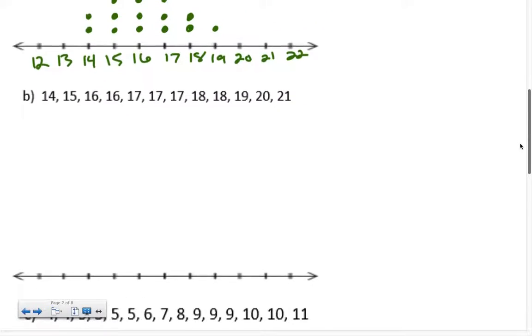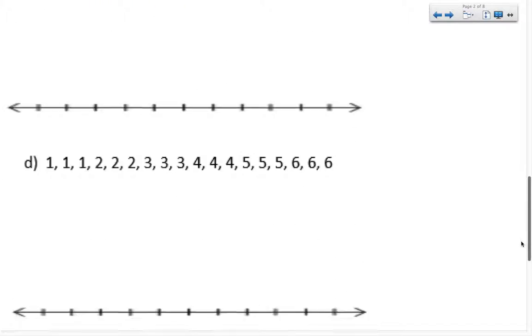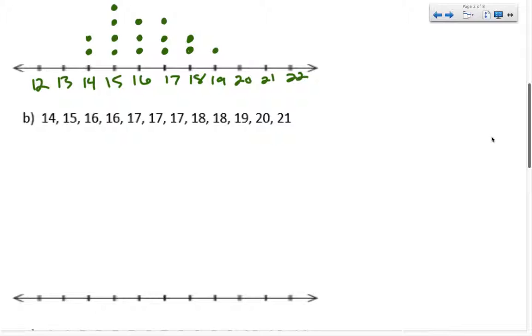I'm going to work through B with you, and after I finish B, I am going to skip C, D, and E, and you guys can finish those on your own. We'll move on to just the notes. Okay, so I'll let you go ahead and get these written down.